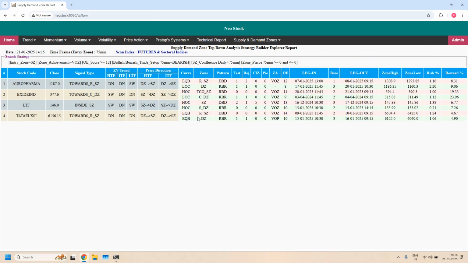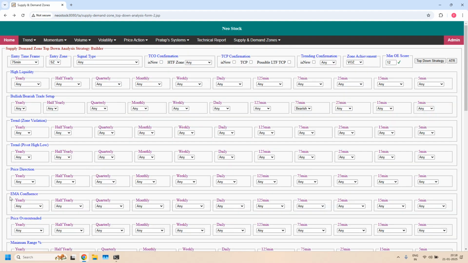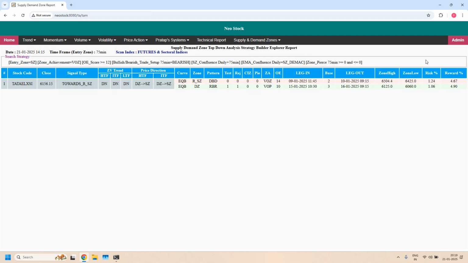In these 4 stocks, these 75 minute supply zones are part of the daily supply zone, and the daily trend is down. So let us look for daily supply zone having daily EMA confluence. I enabled the filter. Let's filter. We got only 1 stock. This is an even higher probability trade setup supply zone.